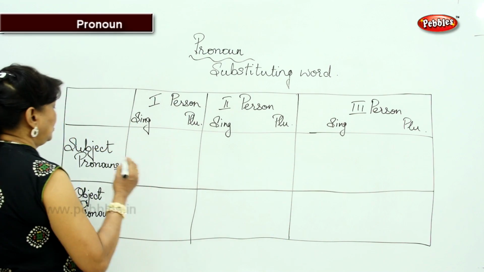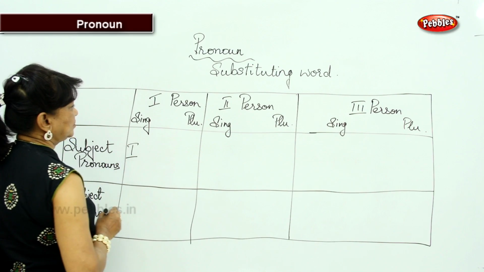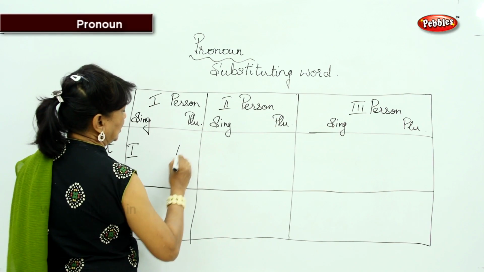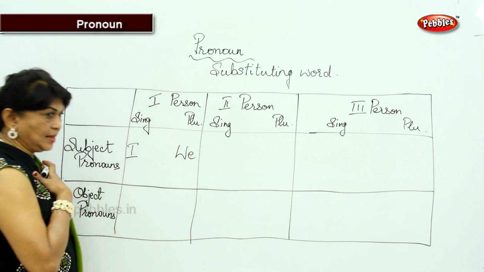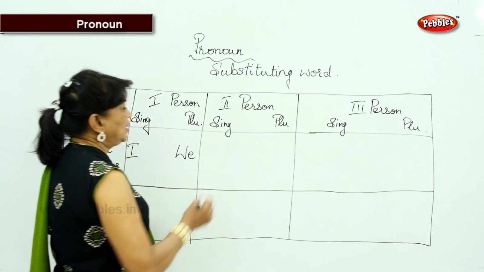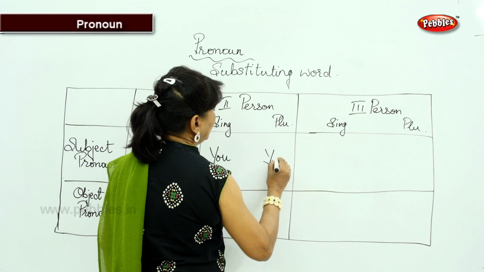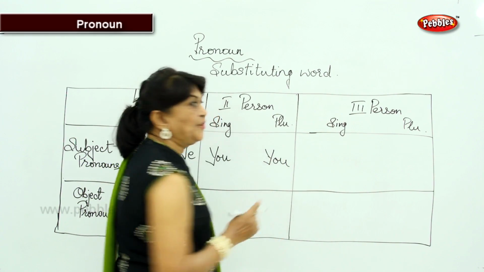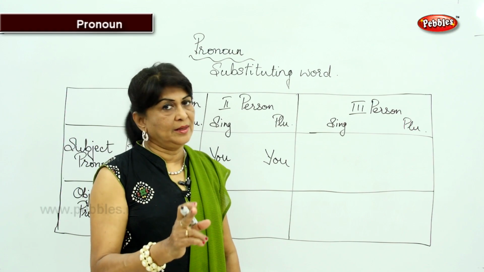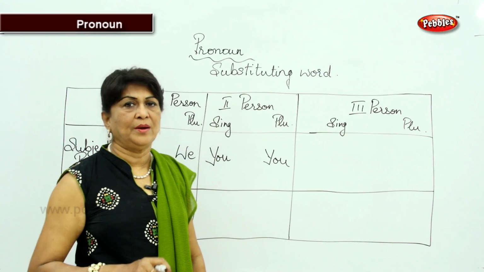Now shall we write down? Subject pronouns are I, and the plural will be we. That is, I is singular, we is plural. Second person, both singular and plural, will be you. That is, if I say, you, Ramesh, you should keep quiet in the class, I am talking about Ramesh, one boy alone.